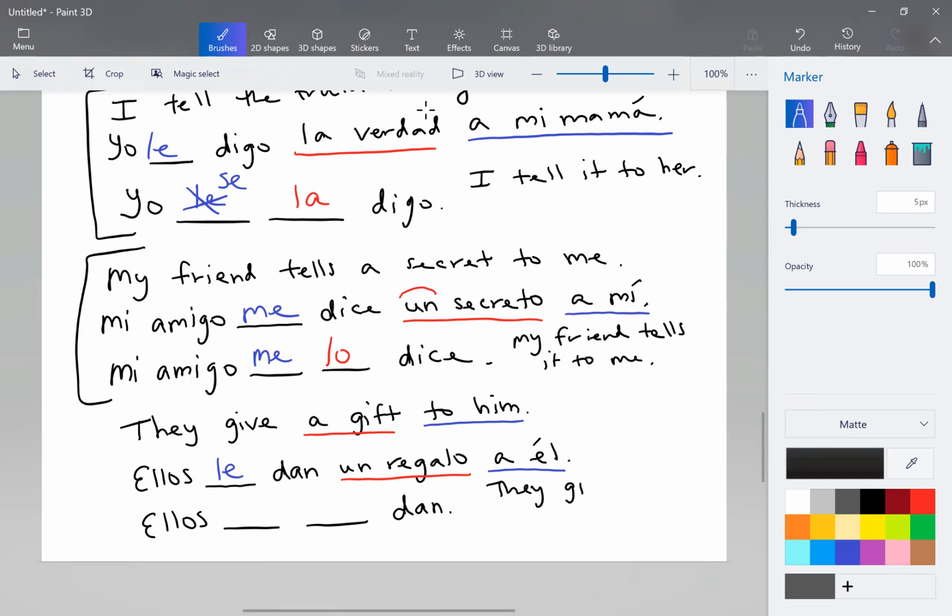They give it to him. What goes in my first blank? Le. And what goes in my second blank? Lo. Wouldn't it be lo? It would be lo. And then what happens to our le? It has to become se. So it'd be se lo. Yes.